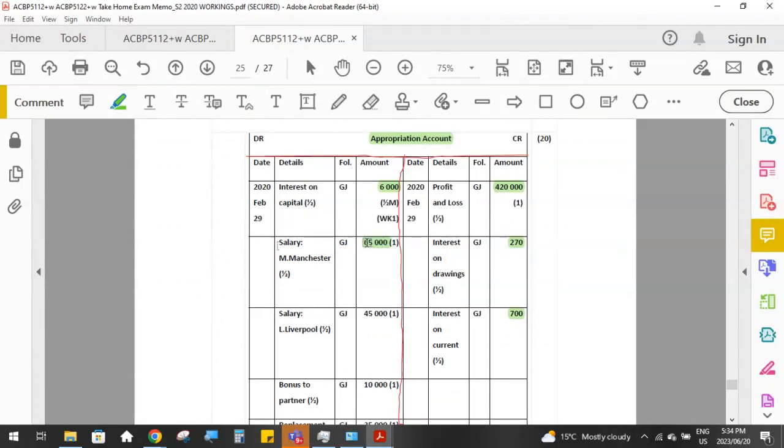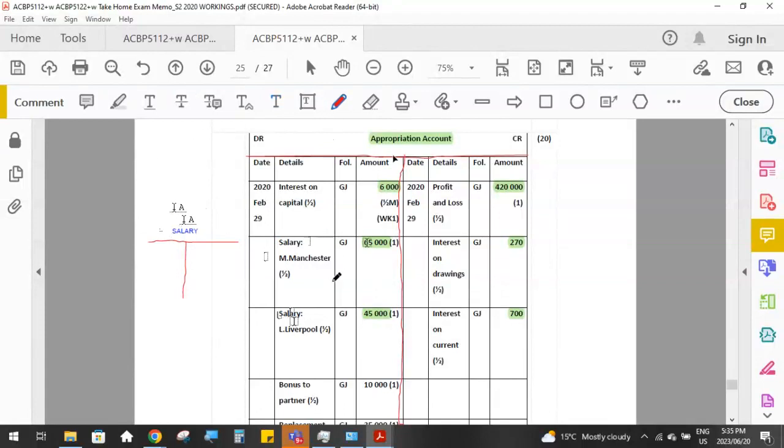So 65,000 debit appropriations, credit salary Mr. Manchester, and 45,000 debit the appropriations account and credit the expense account salary Mr. Liverpool. So again, these two salaries accounts would already exist. During the year, when their salaries were paid, there'd be one of these for each of the partners.